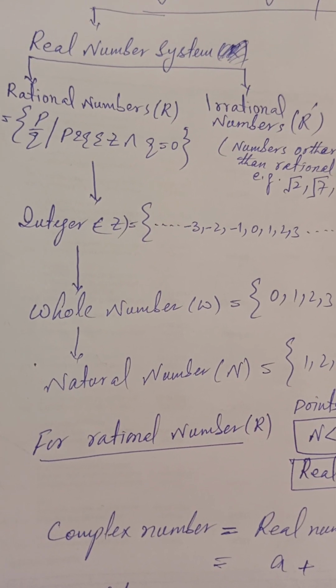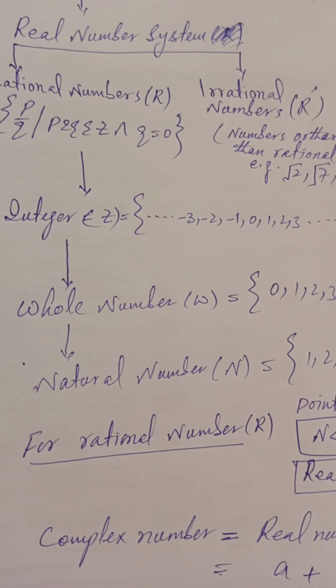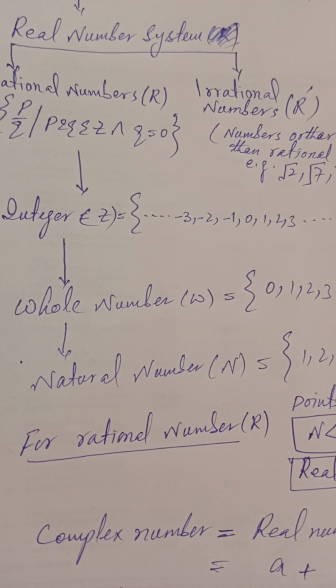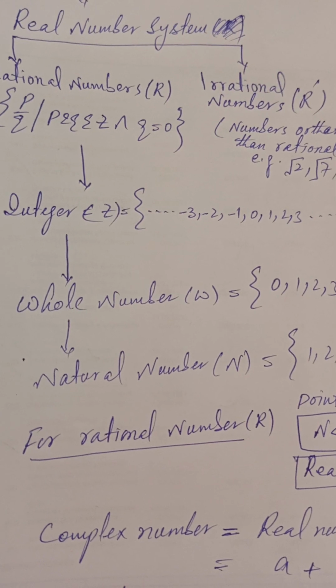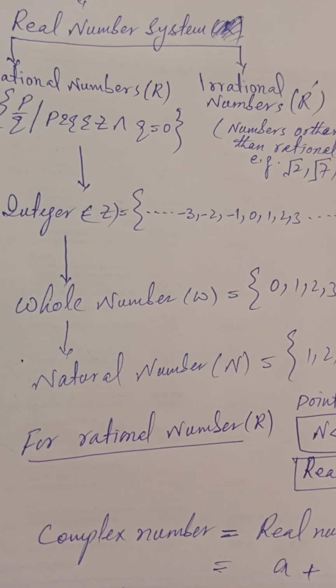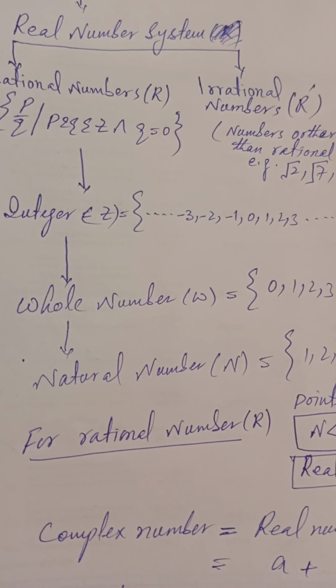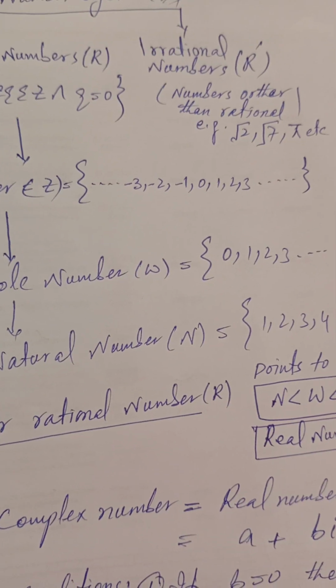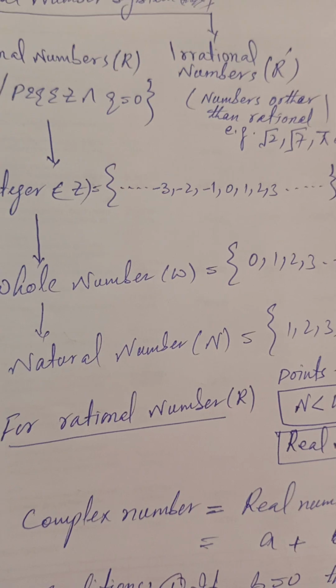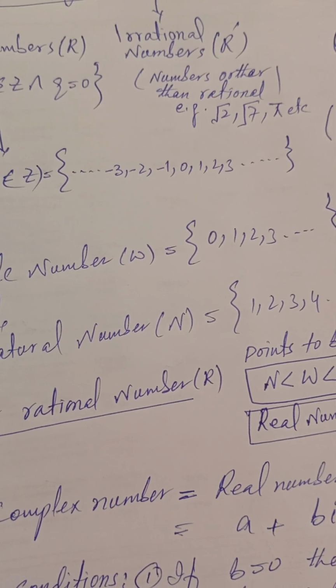The smaller sets of numbers are integers, in which the negative and positive values are mentioned. The subset of the integers is whole numbers, which start from 0, 1, 2, 3, and the subset of whole numbers is natural numbers, which start from 1, 2, 3, 4.